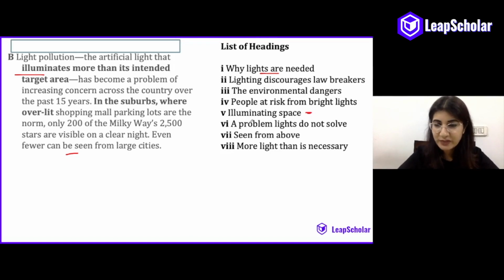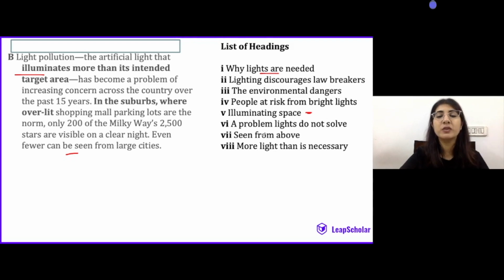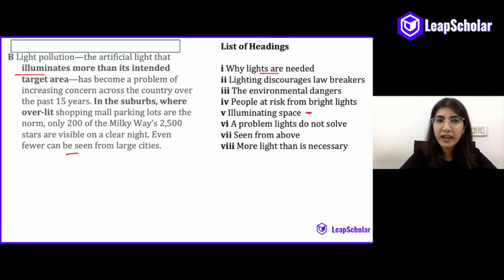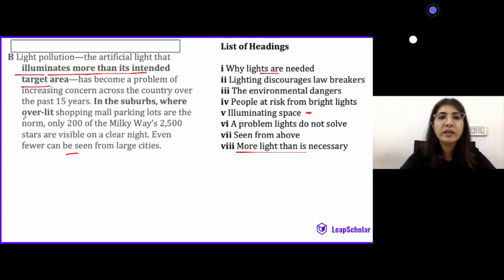Let's look at the next one. So a problem lights do not solve. So it does not talk about any problems as such seen from above. It talks about the stars which we see from below, but this is contradictory again. More light than is necessary. So if you read this, the artificial light that illuminates more than its intended target area, so more light than is necessary, and in the suburbs, overlit shopping malls.